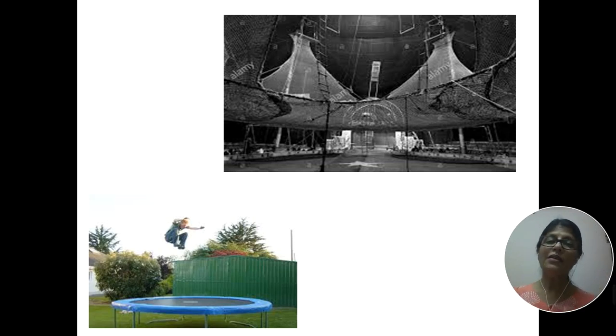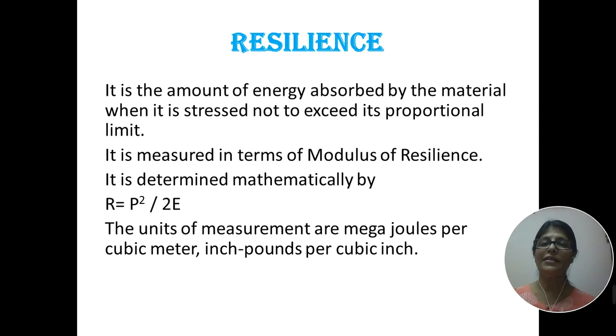So that is the importance of resilience. How can you describe resilience? It is the amount of energy absorbed by the material when it is stressed not to exceed its proportional limit. It is measured in terms of modulus of resilience and determined mathematically by R equals P squared upon 2E, where P is the proportional limit.